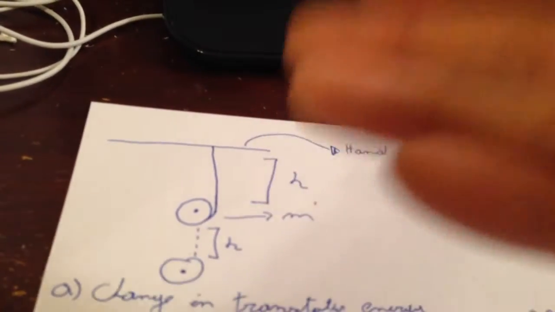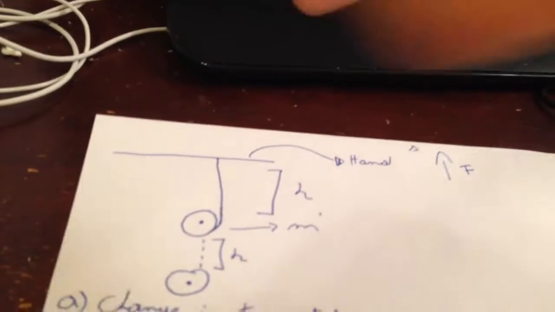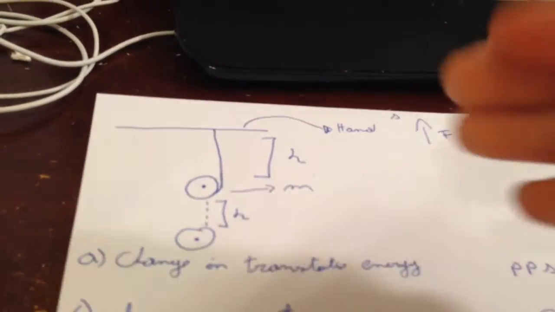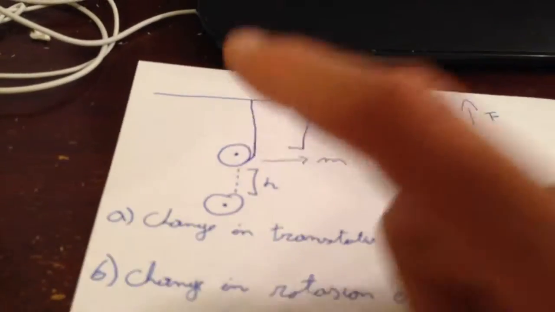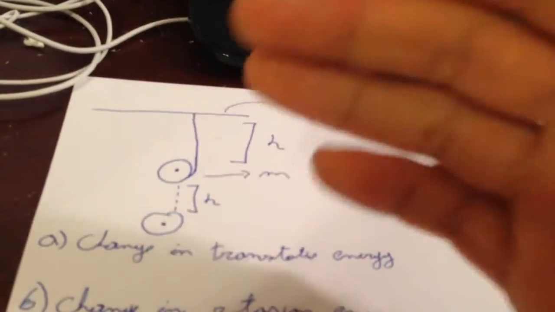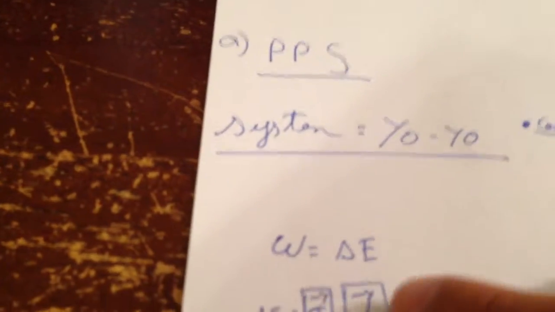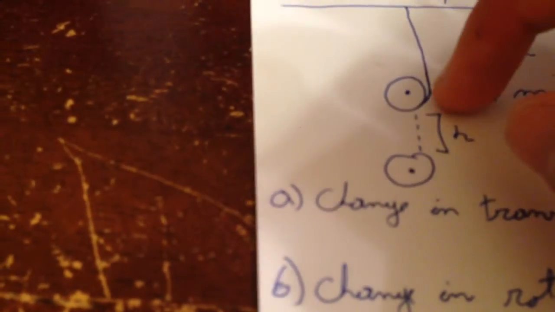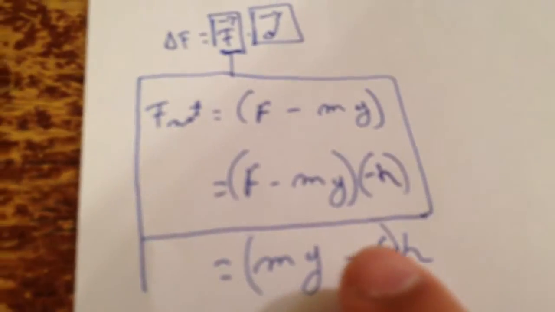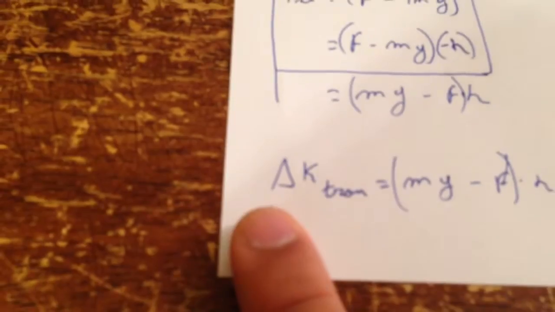One is the force upwards that my hand is acting on the yo-yo, and the force downwards because of the mass and the gravity pulling it downwards, gravity of Earth. So I know that this will be just F minus mg, minus because it's downwards. This is going down. And what is d? Well, d is just the distance from here to here that your yo-yo is going, so it will be h. So I know that (mg minus F)h will be my K trans.